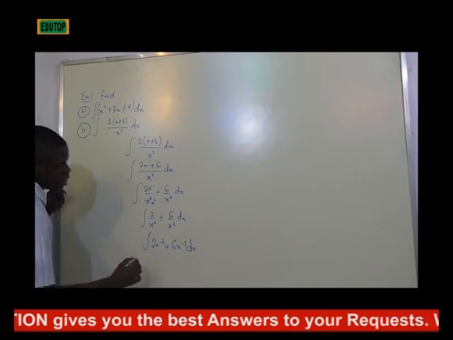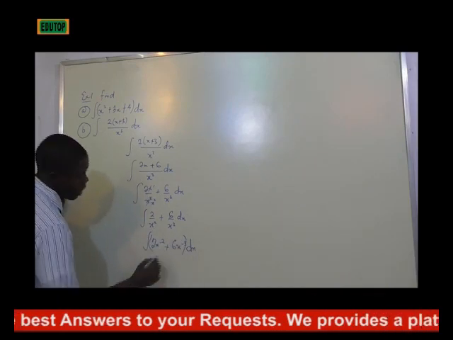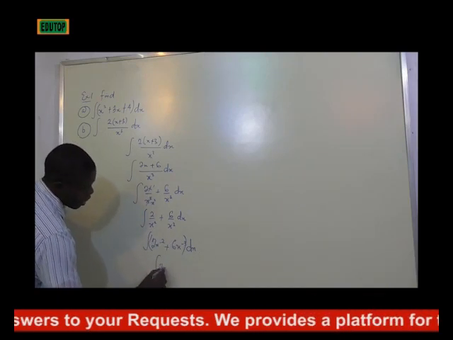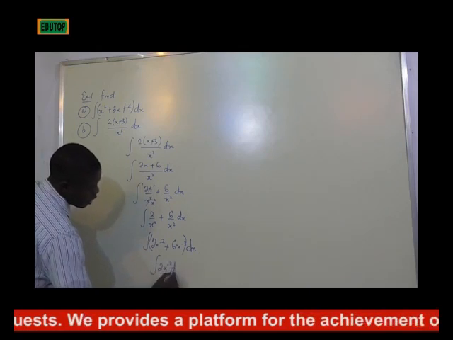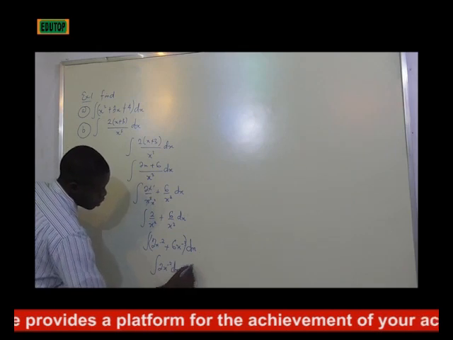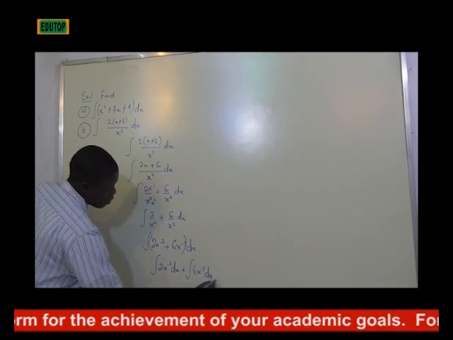Then now let's integrate this. So everything is affected by this. So I can integrate this as the integral of 2x raised to the power minus 2 dx plus the integral of 6x raised to the power minus 3 dx.